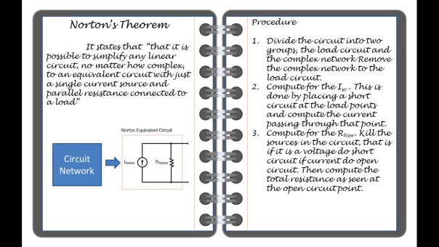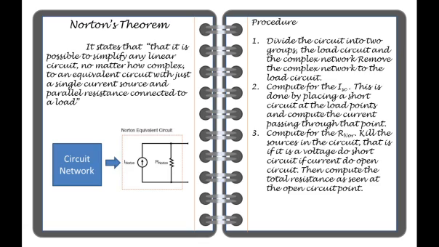Remember, to kill a voltage source, we're going to remove it and replace it with a wire to make a short circuit. If it's a current source, we're going to remove it and replace it with an open circuit. Then we compute the equivalent resistance, or the total resistance in the circuit.